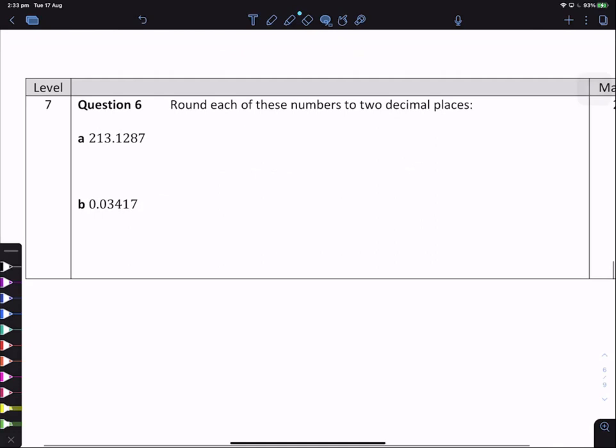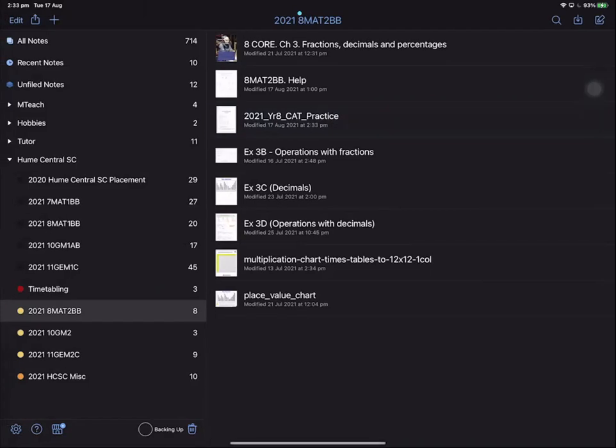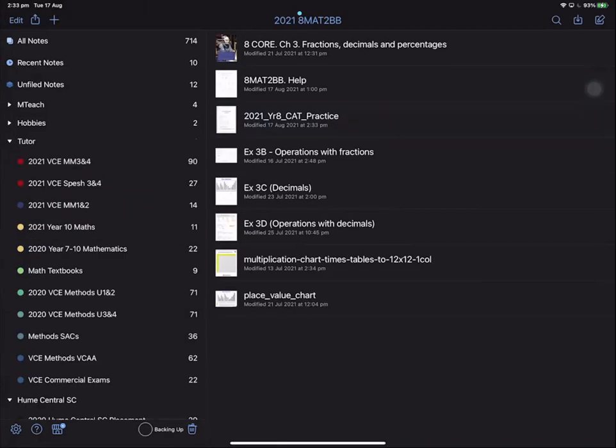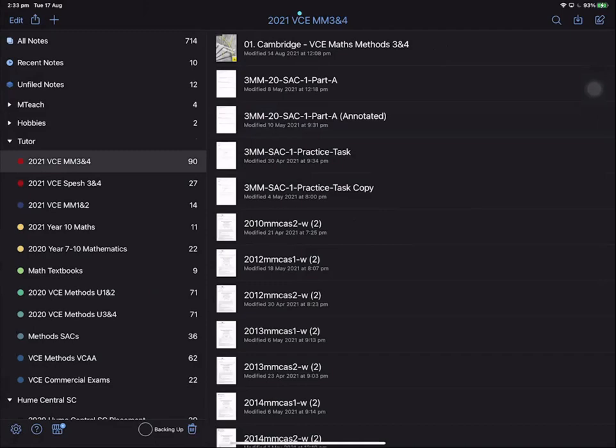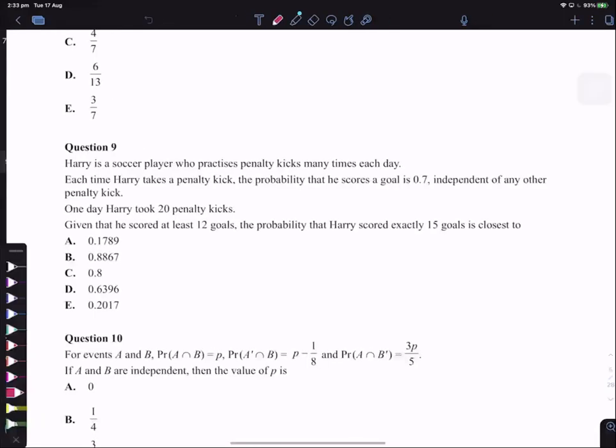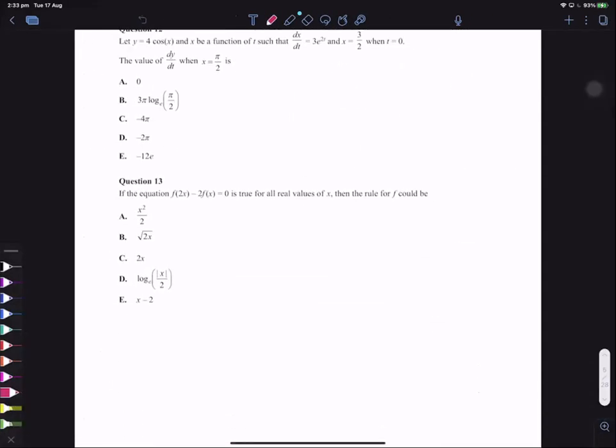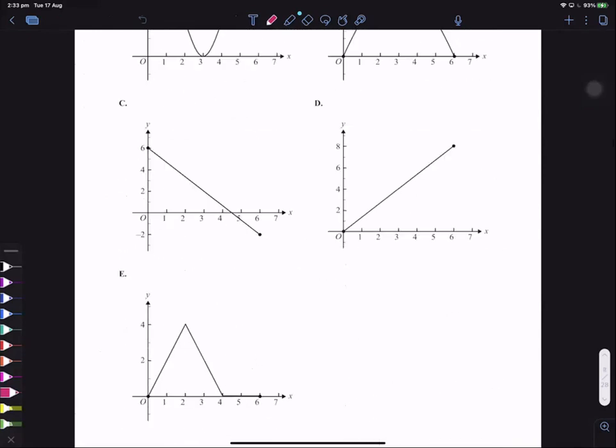Round each of these numbers to 2 decimal places. What does it mean when we talk about 2 decimal places? Does someone care to explain? And by the way, I have my year 11s and my year 12s getting this wrong. I'll show you a question actually from tutoring methods. This is year 12 work, guys.